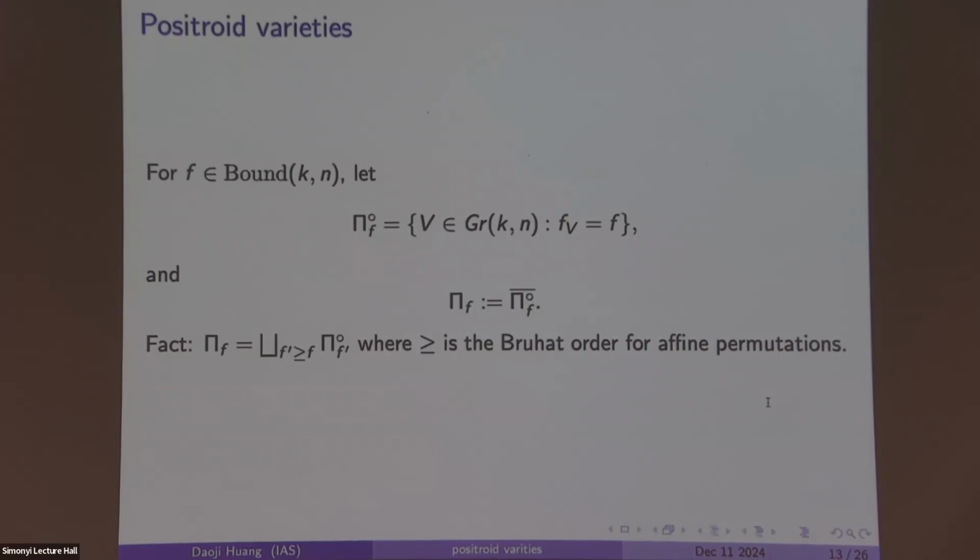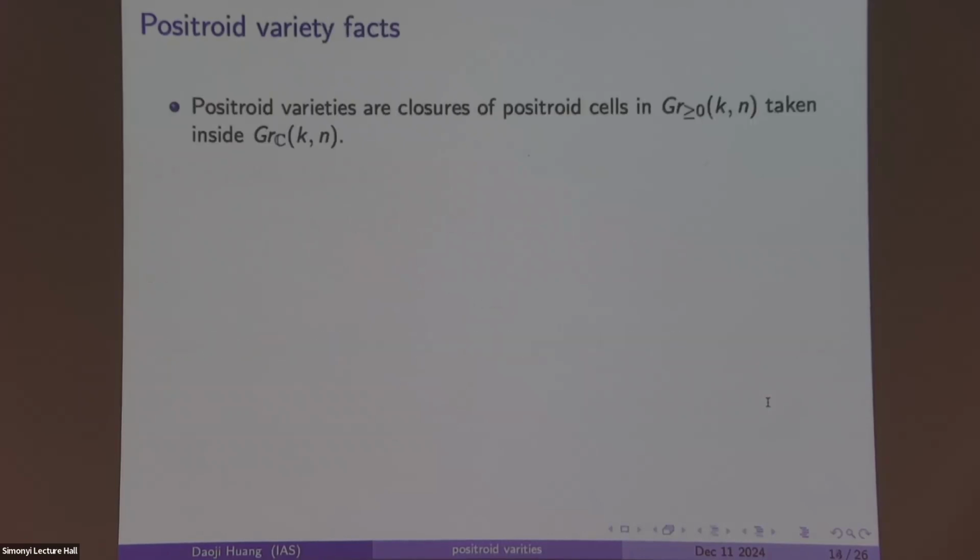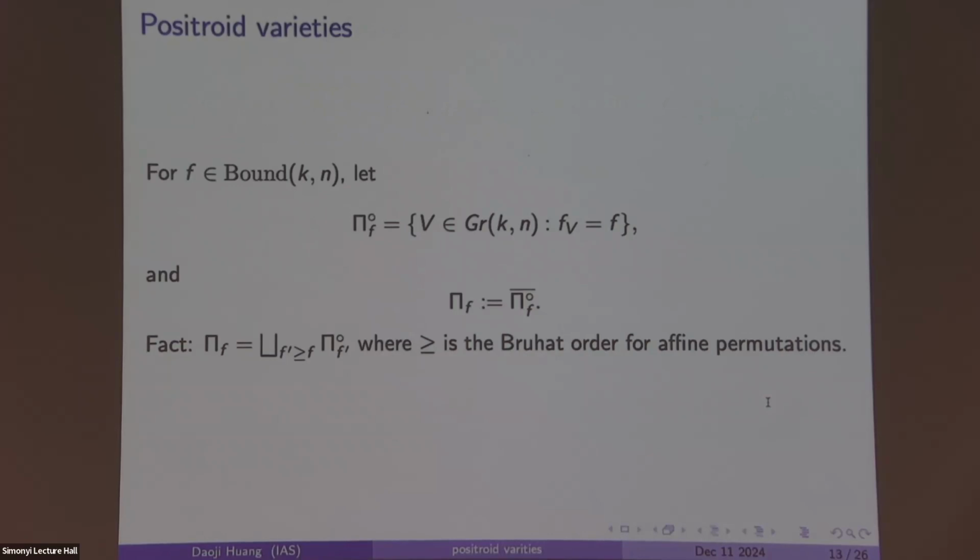And the geometry of the Positroid varieties, the stratification, is captured by the Bruhat order on the affine permutations. Okay. So you're saying for Gr(2,4), you have this picture with like 50 things on it? It's 33 for Gr(2,4). That's a big number. Yeah, so there are 33 bounded affine permutations for Gr(2,4).